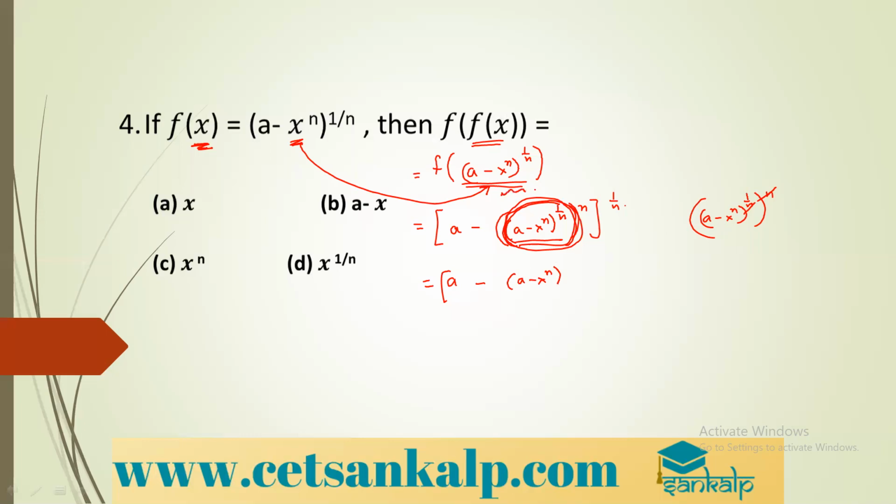So I have taken entire this part and I have simplified. Now left is whole power 1 by n. Now here I can remove the brackets: a minus a plus x power n, whole power 1 by n. Cancel a. So (x power n) whole power 1 by n. n and n cancels, x power 1 or x will be the answer.